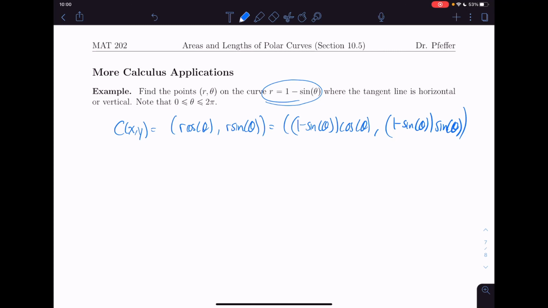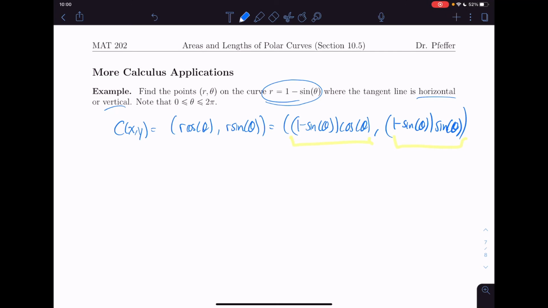And so if I wanted to figure out where the tangent lines are horizontal or vertical, this is going to be what I differentiate for my dx d theta. This is what I differentiate for my dy d theta. I think this is a really great exercise in the horizontal and vertical tangent line type questions, but this time using trig instead.